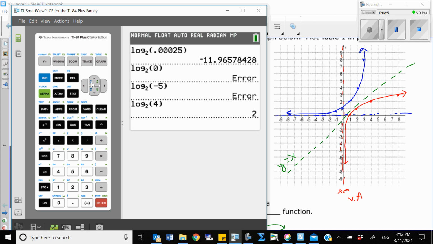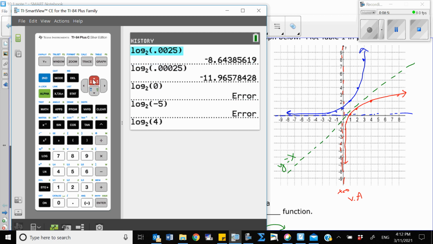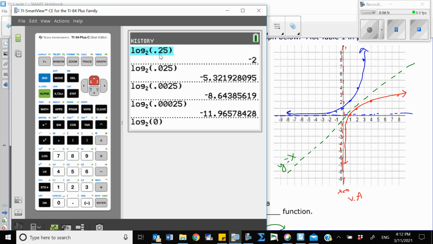Now you see here on top, I have used log base 2 for different x values. When x is 0.25, y is -2. That's the same as this point: x is 1 over 4, which is 0.25, and y is -2. Then I put a smaller x value, closer to 0, 0.025. Now my y value is getting smaller, it's -5.